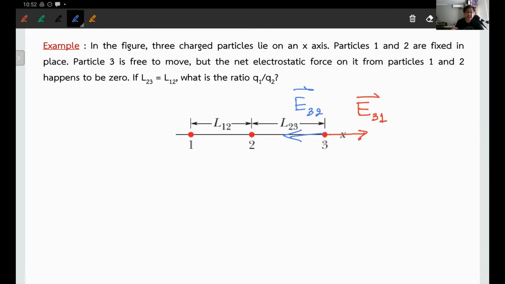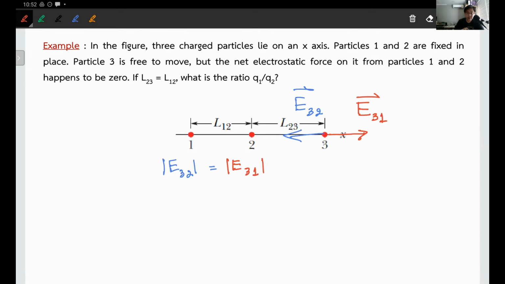So at least this gives you a hint that no matter what the charge of number one is, the charge at point number two should be opposite in sign. But we don't care because we only care about the magnitude. So what we want to do is compare the magnitude of the two. So the magnitude must be equal.